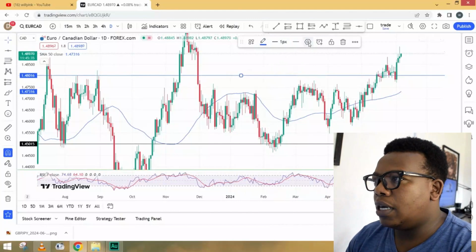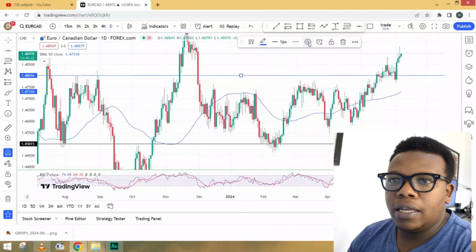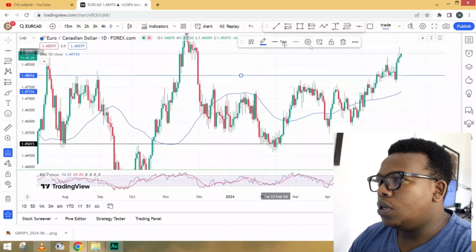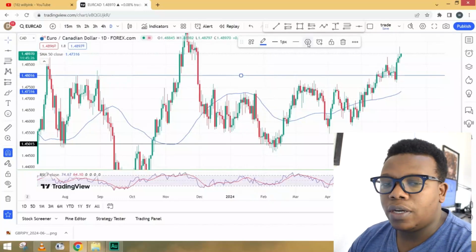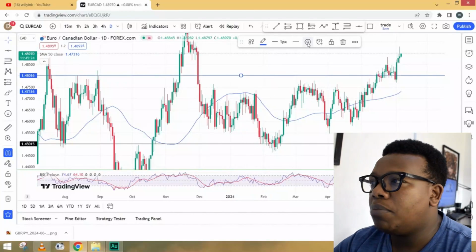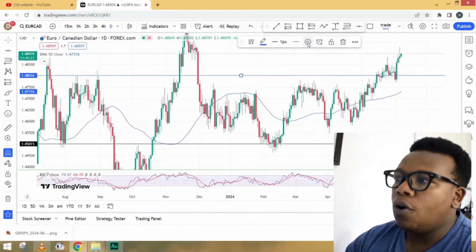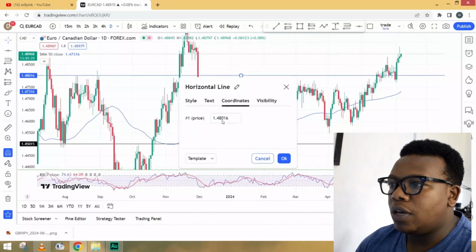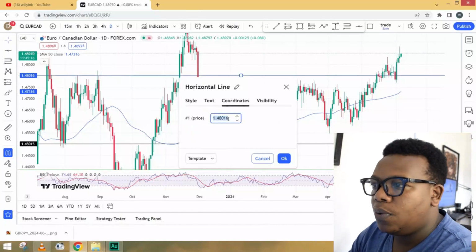Let me make sure that's the exact spot that I want my psychological level to be. It's important for you to follow along with what I'm doing, since this is something you can do each and every single time, over and over, to make sure you get it right, and of course increase your winning rate.